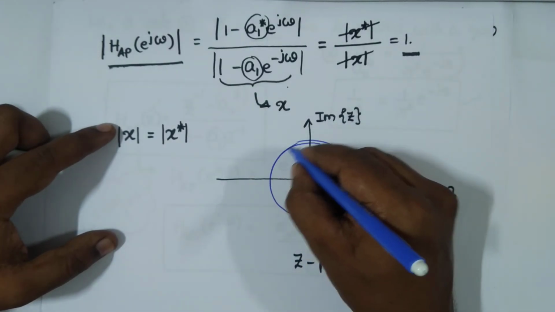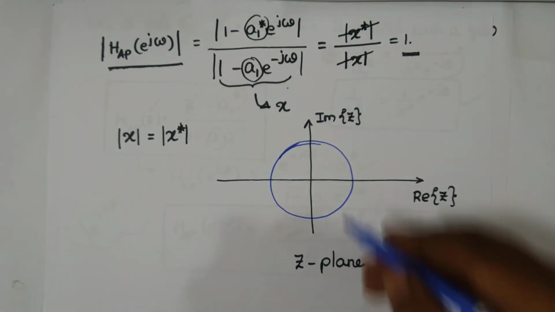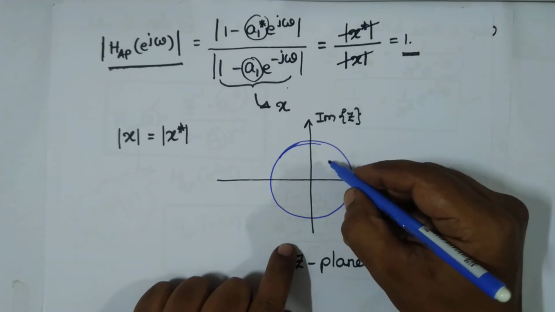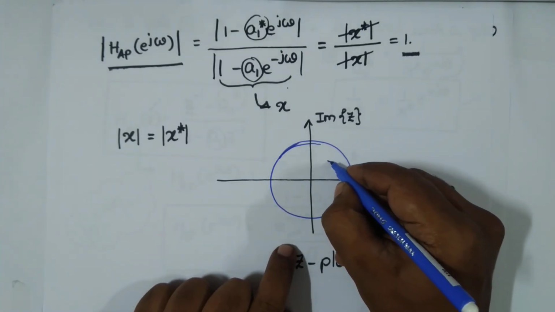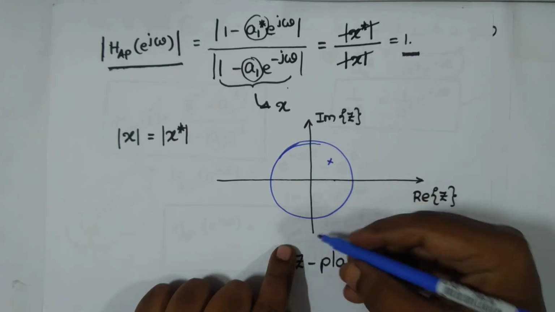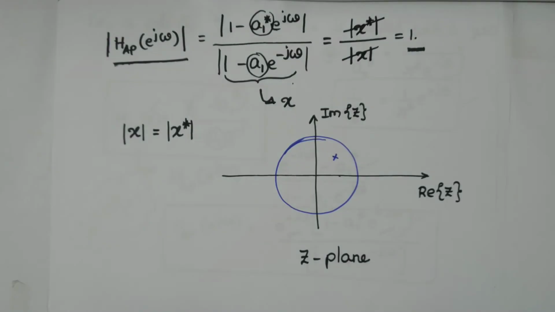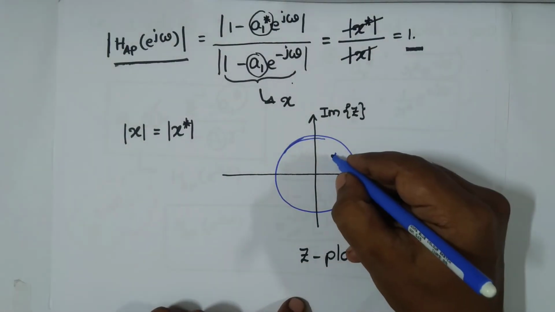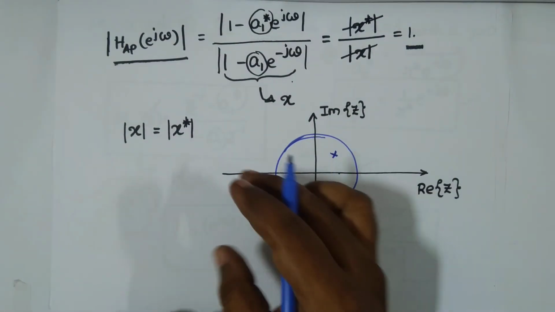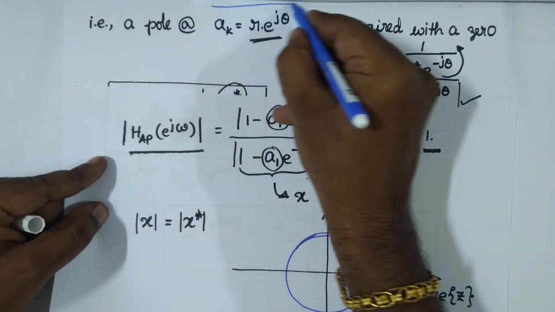So we have a unit circle like this. Now let me take a pole here. A pole along this is real, a pole along this is imaginary. A pole in between must be complex. This is a complex pole because we assumed we have a complex pole.